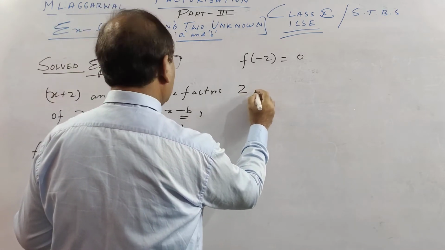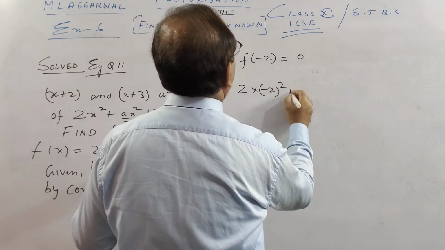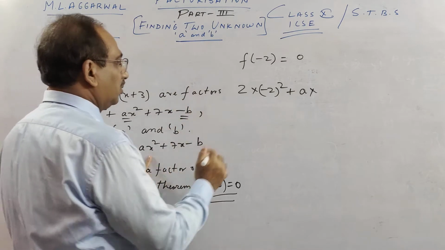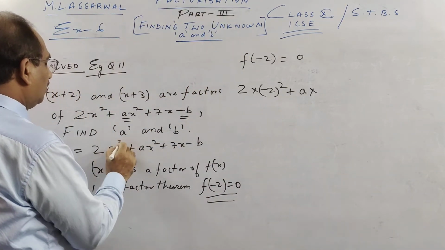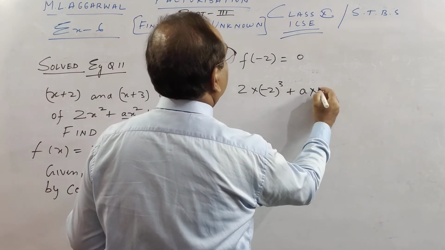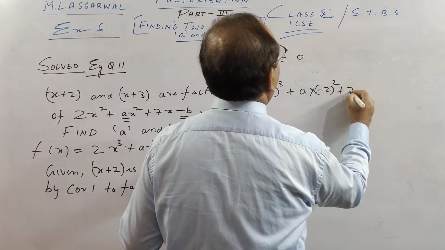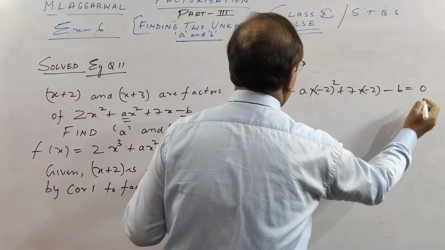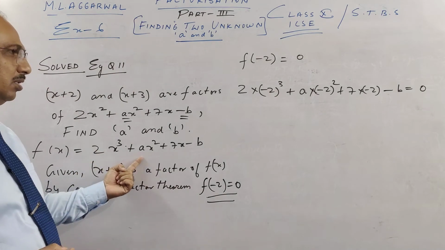So 2 into (-2) cube plus a, this is what we are going to find here, a and b, (-2) square plus 7 into (-2) minus b is 0. It's a cubic equation, 2x cube plus a x square plus 7x minus b. Wherever x was there, children, I have put minus 2.